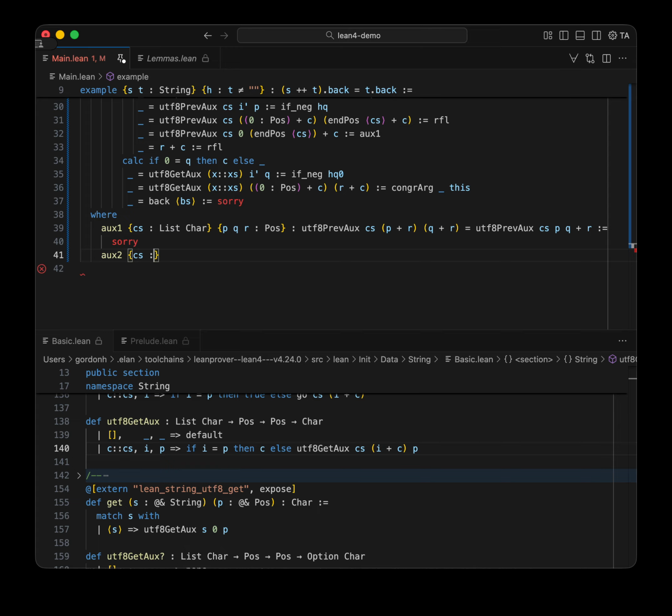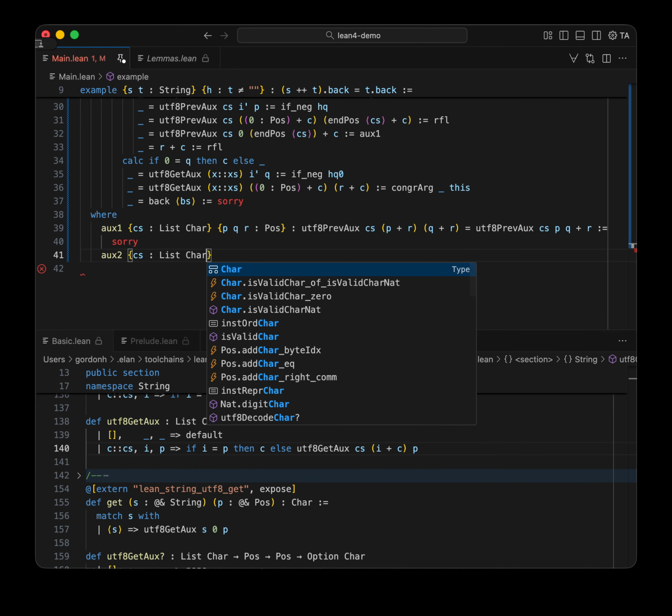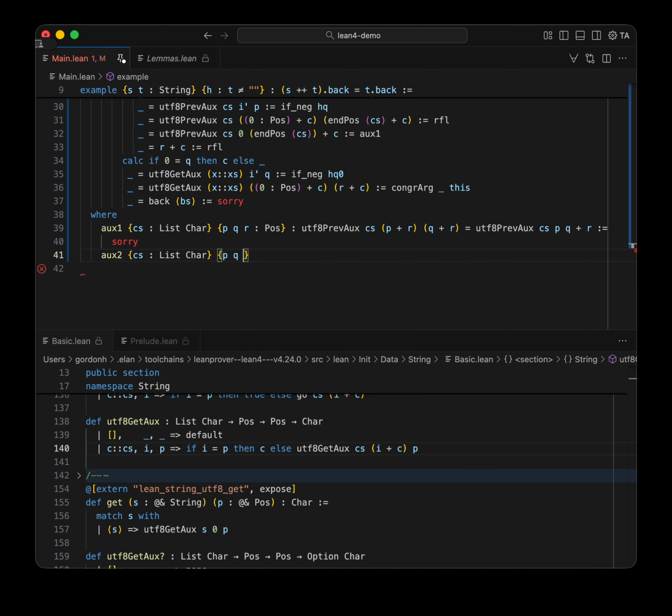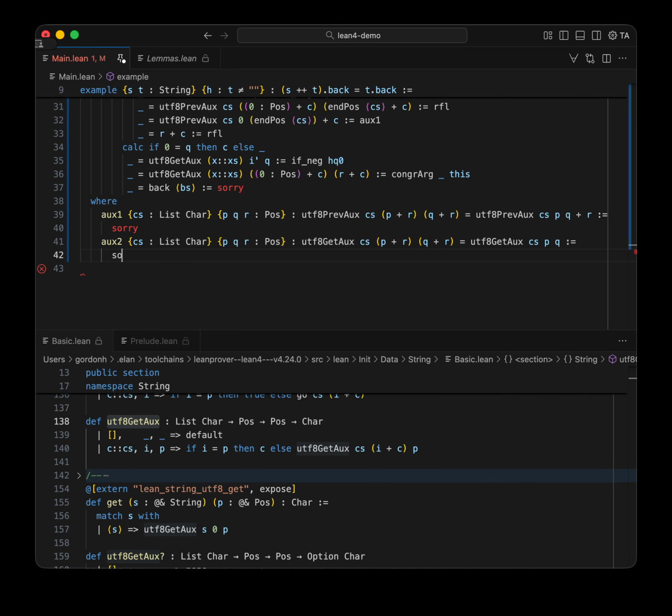Let's have a guess. By advancing both positions, it should stay the same.